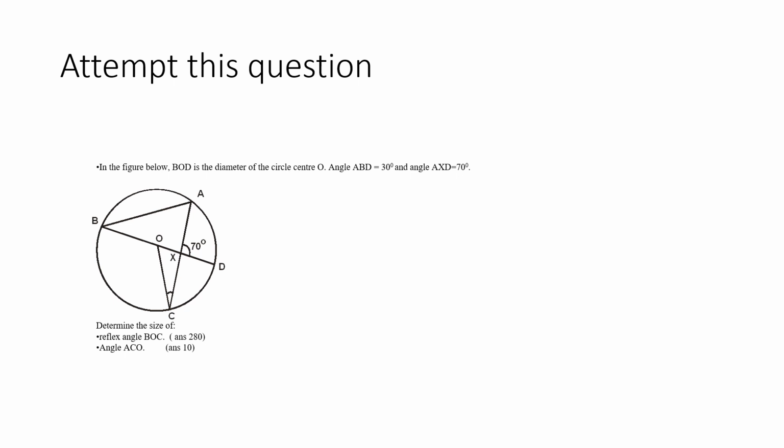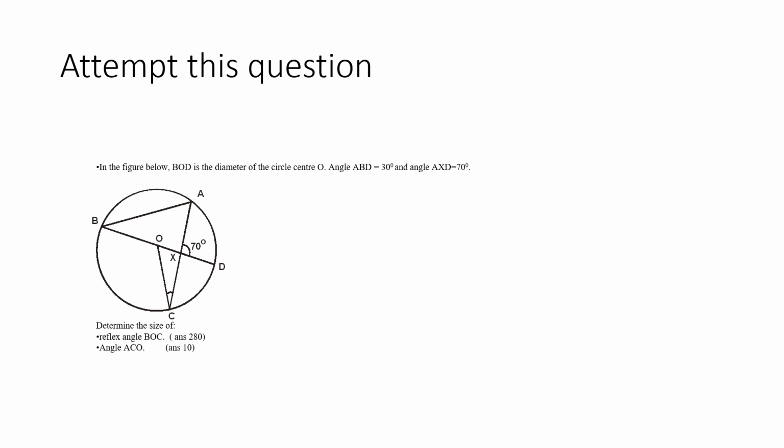I would like you to attempt this question here. It has suggested answers. So in this figure, BOD is the diameter of the circle. The center is O. Angle ABD is 30. Angle AXD is 70.